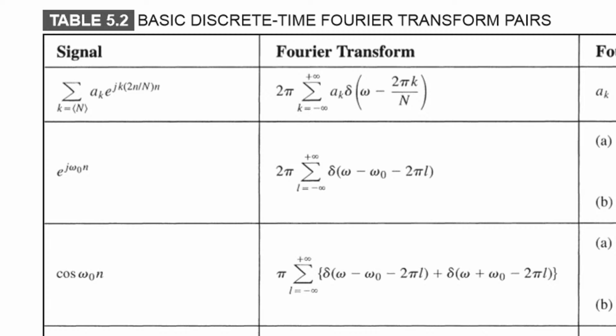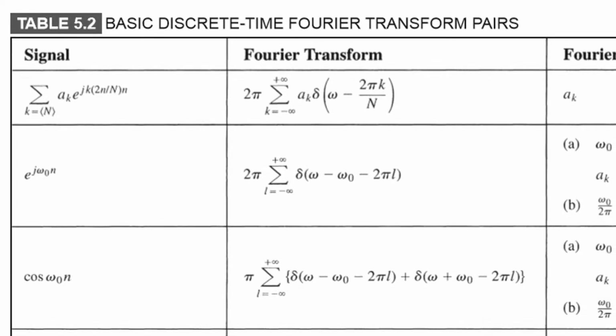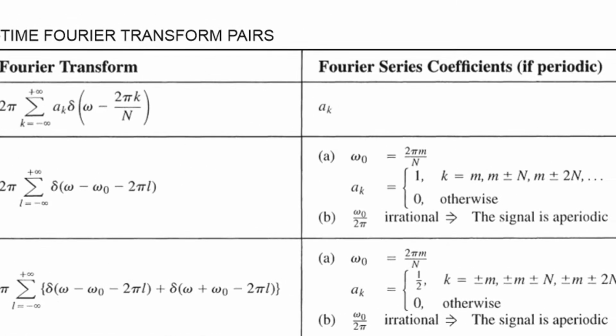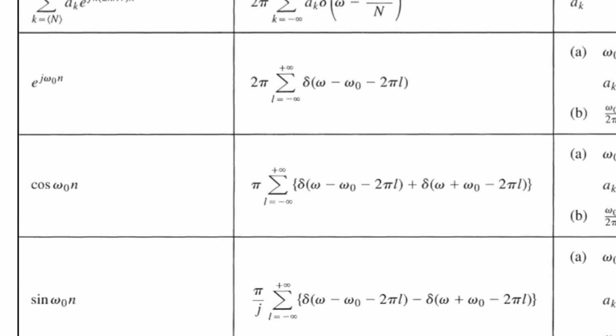You write down a summation over k, but the weird thing is that for the signal you only sum k over big N values, while in the Fourier transform k is from minus infinity to infinity, and you have a_k, which is periodic, and the delta function at 2 pi k divided by big N. And the Fourier series coefficient here is a_k.